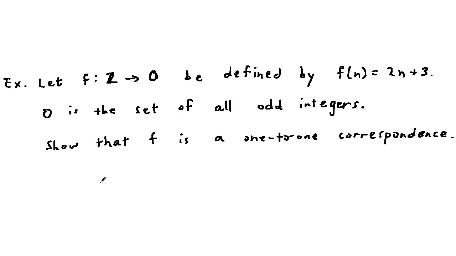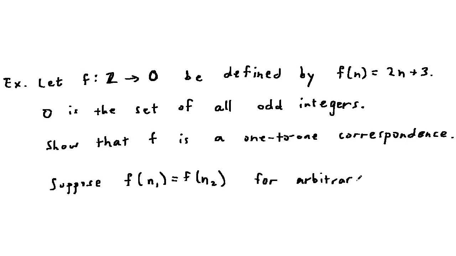Okay, first, let's show that f is one-to-one. So suppose f(n1) = f(n2) for arbitrary n1 and n2 in Z. Okay, so then 2n1 + 3 = 2n2 + 3.